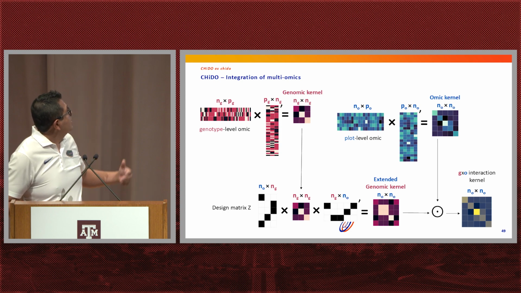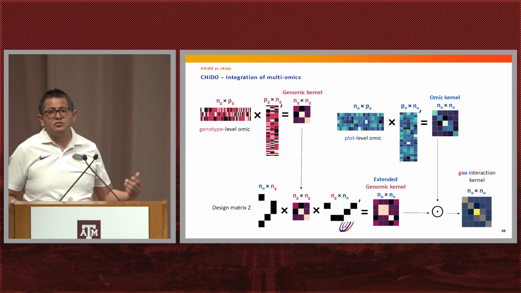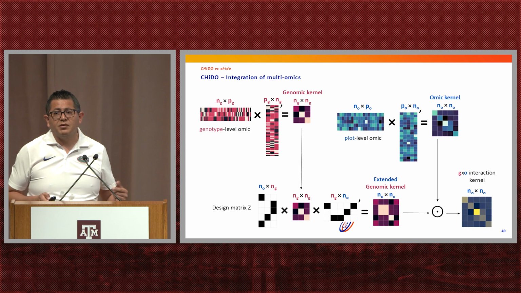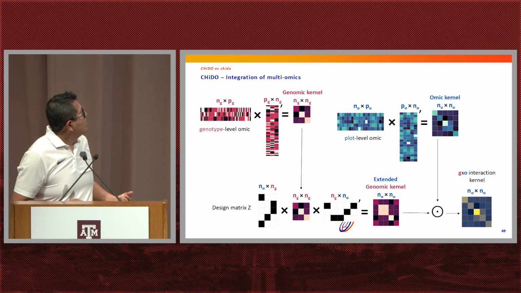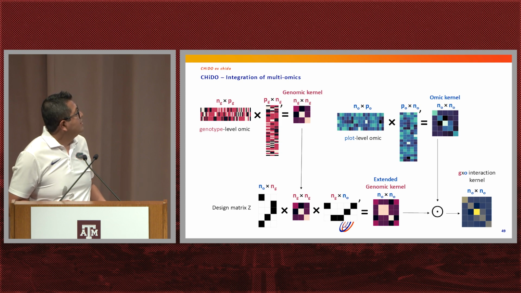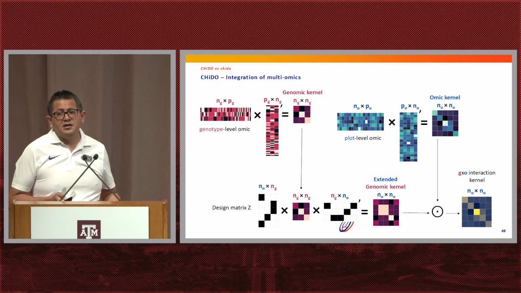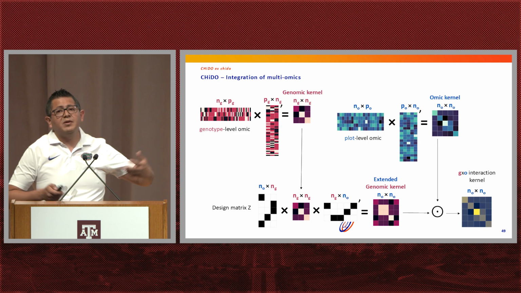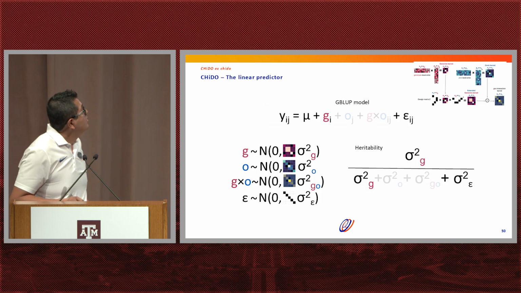In a way that if we have replicates, we have to use the design matrices to redistribute that covariance structure across all genotypes in all environments. And we have an extended genomic kernel, and we multiply by the kernel at the individual level. And then we have an interaction. So it's very easy to include interactions in this way.